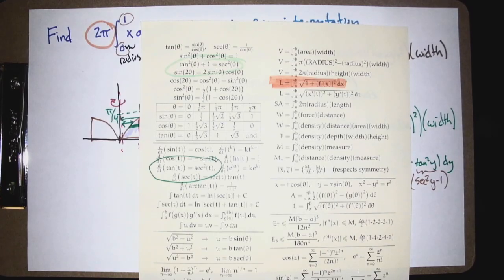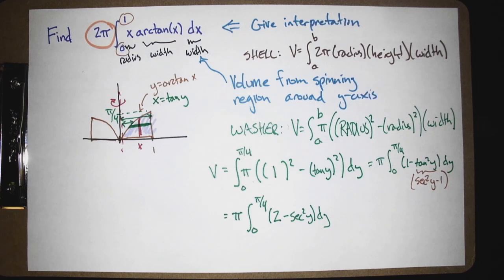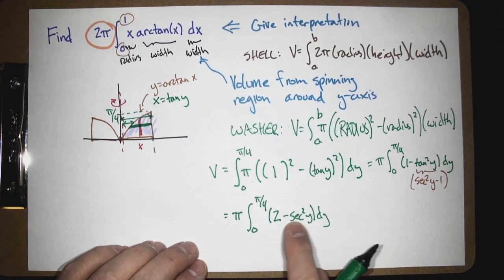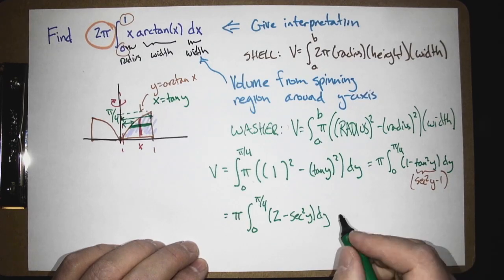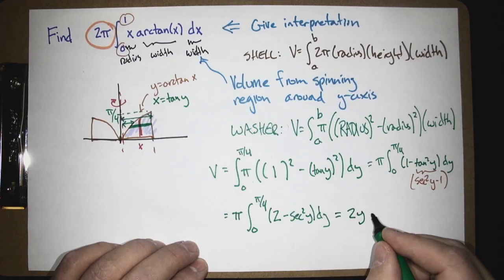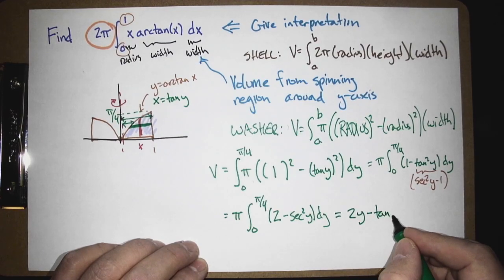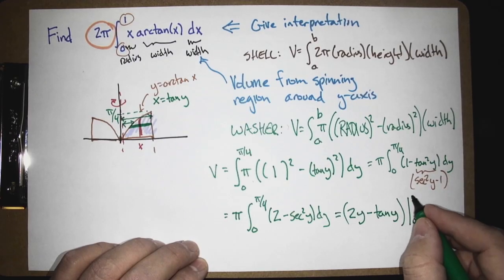Now, hopefully you'll just know it, but if not, that's how you can look things up. Okay, so that says we can integrate the secant squared. Can we integrate 2? Yes? All right, so we get 2y subtract tangent of y. And we're almost done. Plug in 0 to pi over 4.